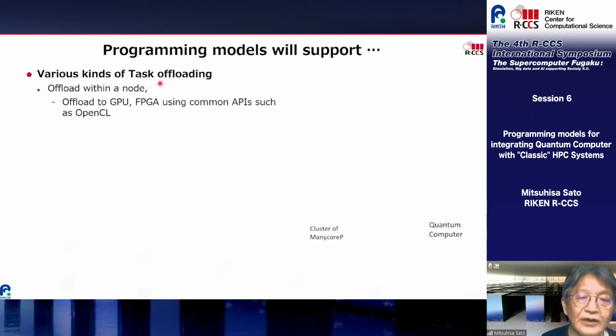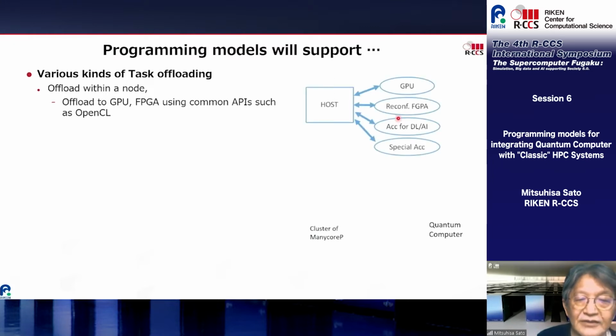Important programming will be supporting various kinds of task offloading. For example, offloading within a node is offloading to GPU and FPGA with a common API such as OpenACC.